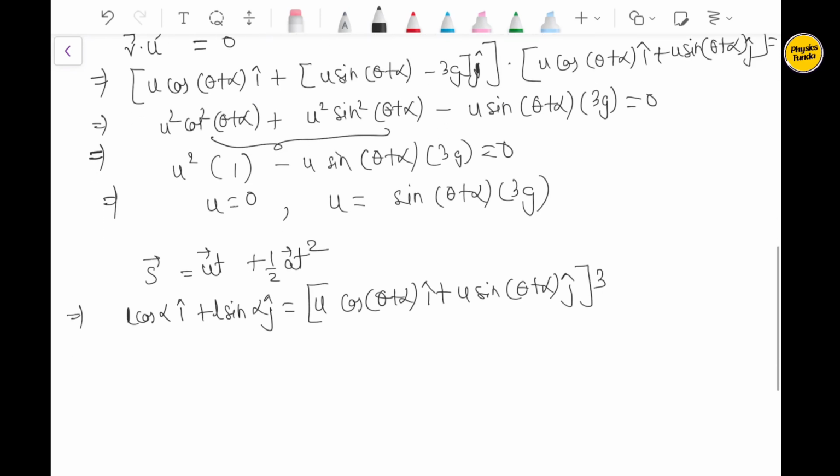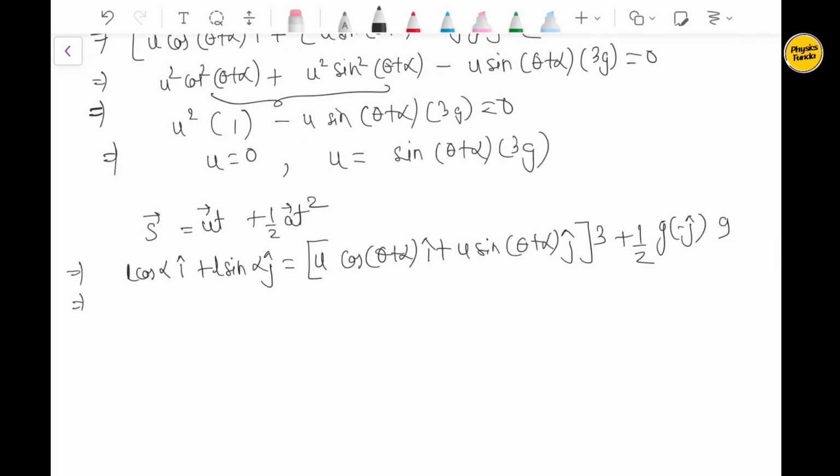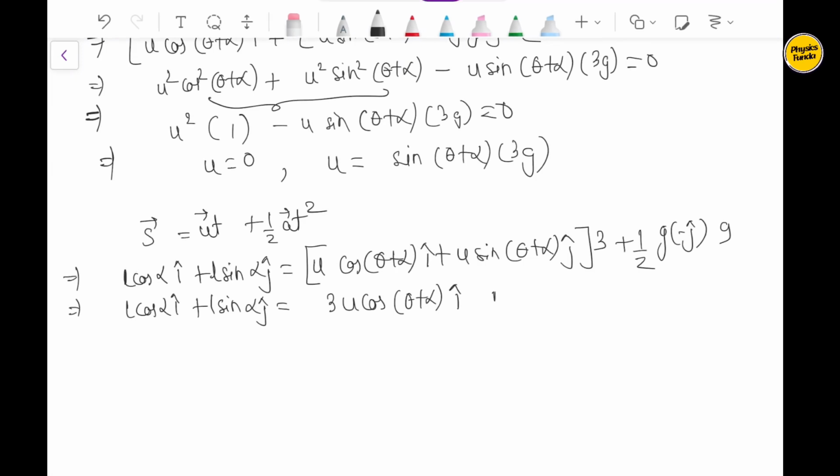plus half acceleration due to gravity, which was g minus j cap, t square, that's 9, right? So this can be further simplified to L cos alpha i cap plus L sine alpha j cap equals 3u cos of theta plus alpha i cap plus 3u sine of theta plus alpha minus 9 upon 2 g j cap.